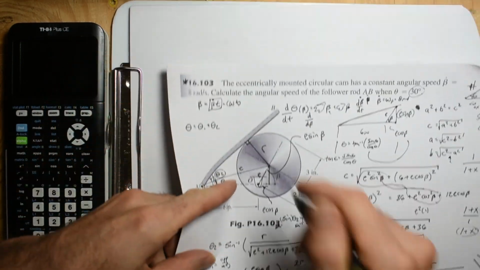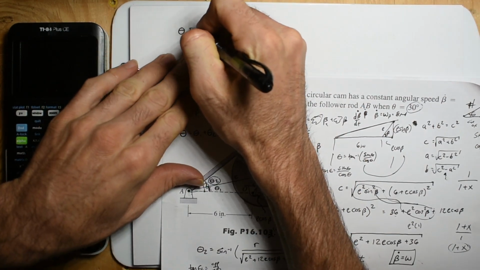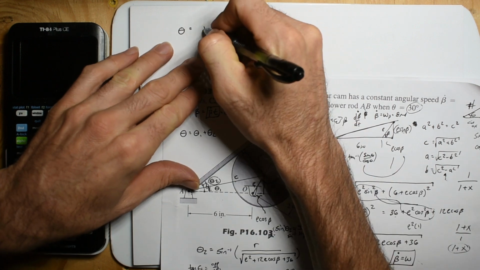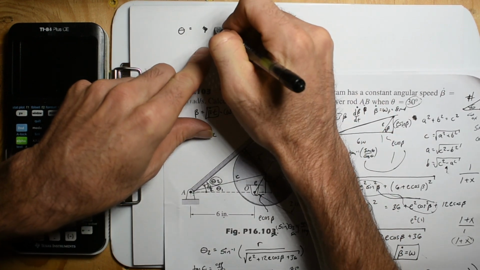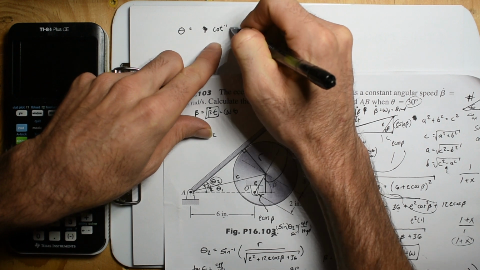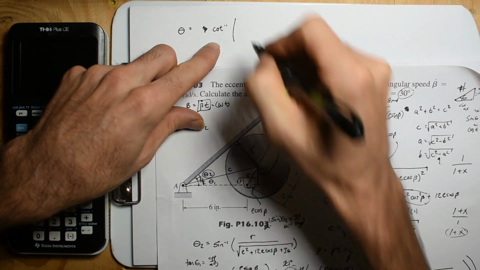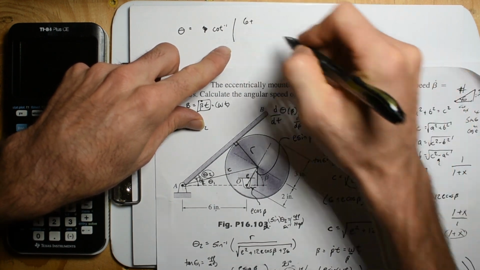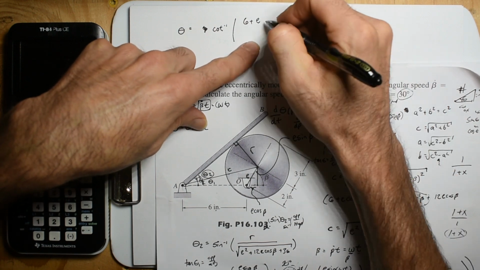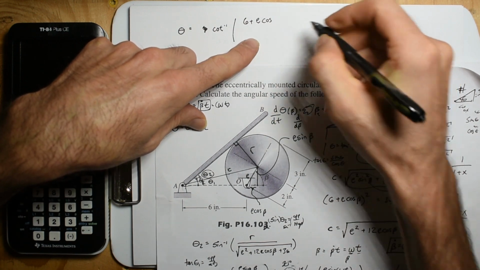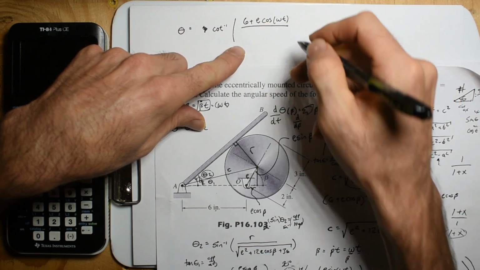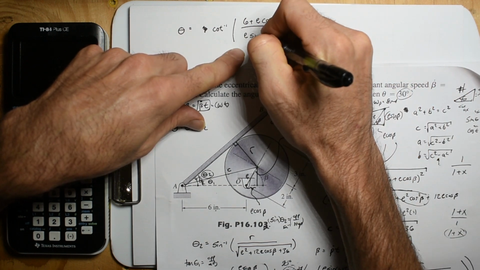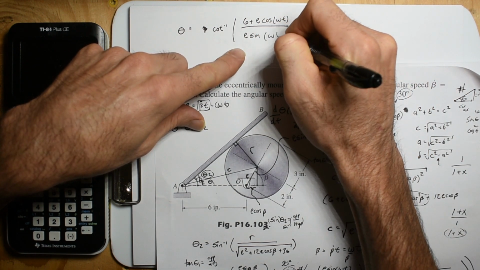So I'm going to rewrite this equation for theta. So theta is inverse tangent. And I'm going to save myself. I'm going to say it's inverse cotangent, and then we're going to put this on top: 6 plus e cosine omega t divided by e sine omega t.